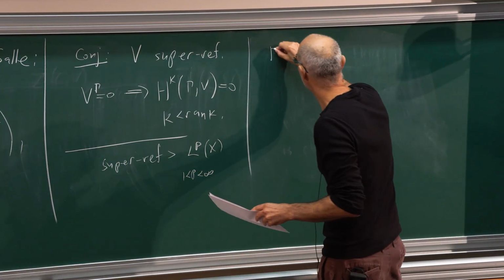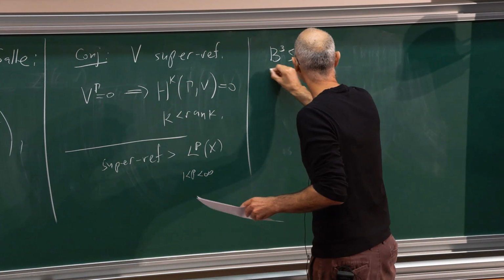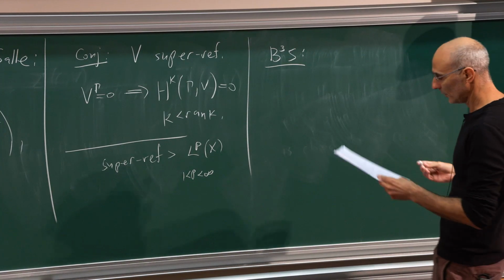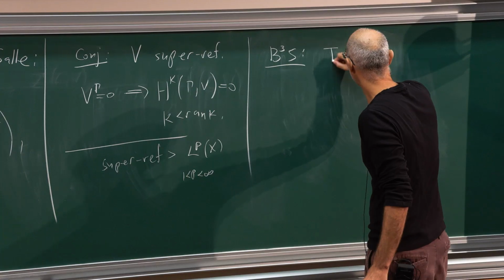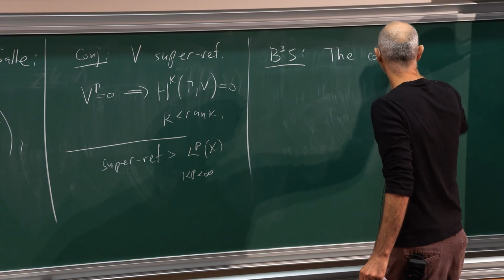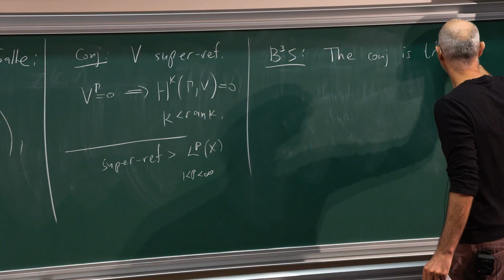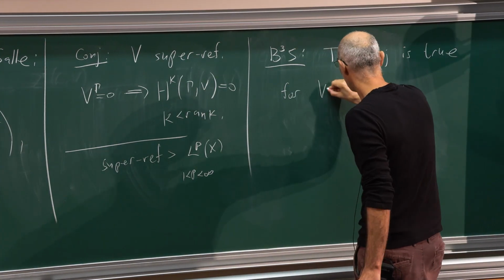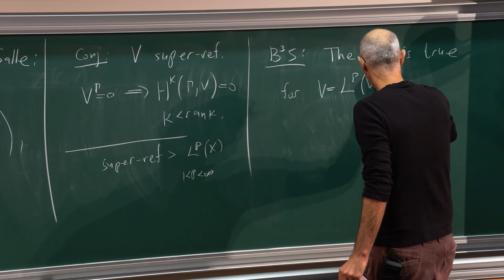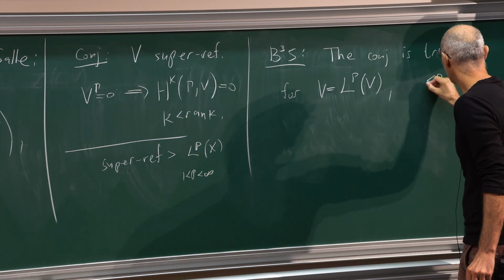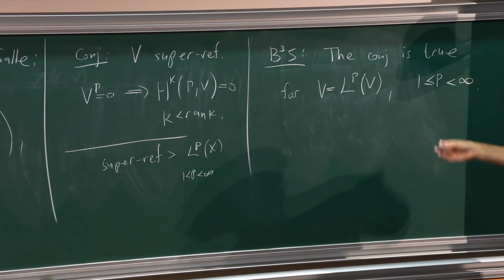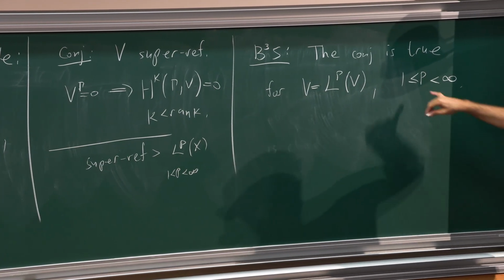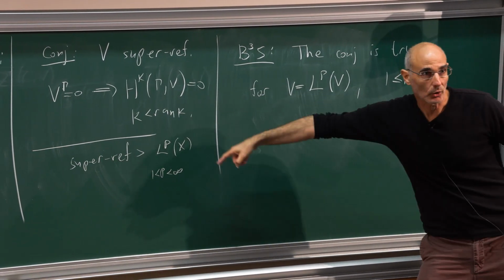Now, the new result that I want to tell about today is the following. The conjecture is true for LPV for all P's in this range, including P equals 1, which is not part of the conjecture formally.